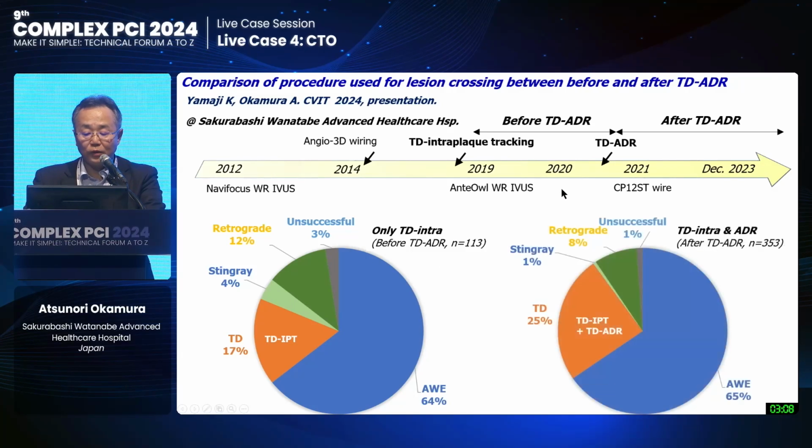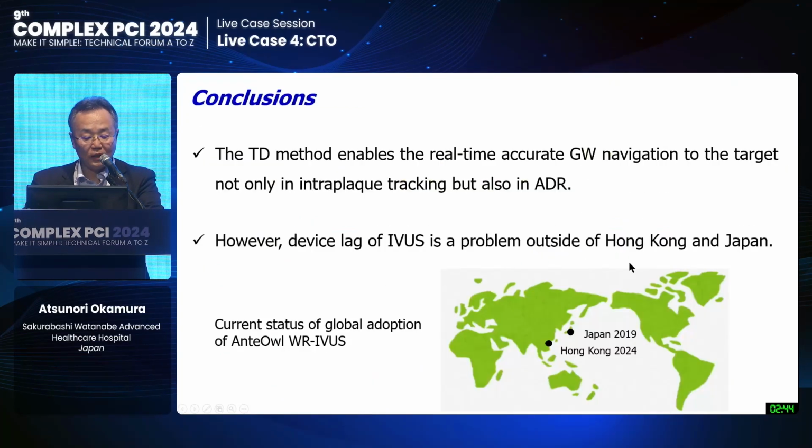But we started tip detection ADR around 2020. Just now, the antegrade guide wire escalation is 65%, but tip detection intraplug tracking and tip detection ADR is 25%. Maybe the percentage of tip detection intraplug and ADR is 50-50. And the retrograde is just now 8%.